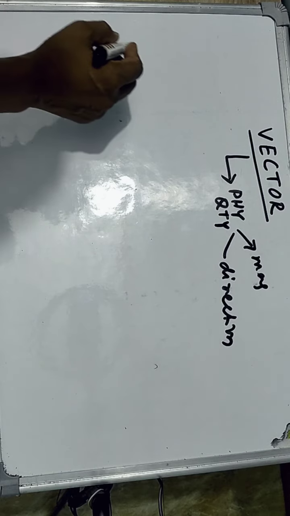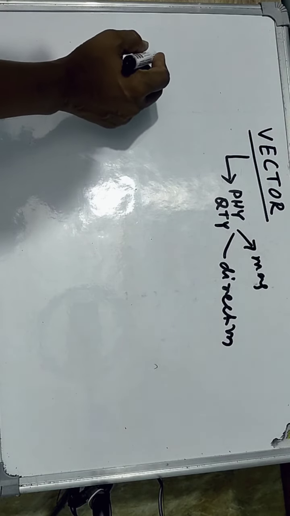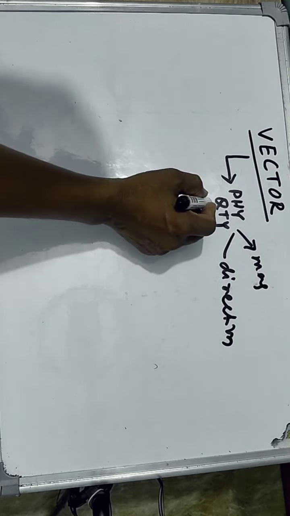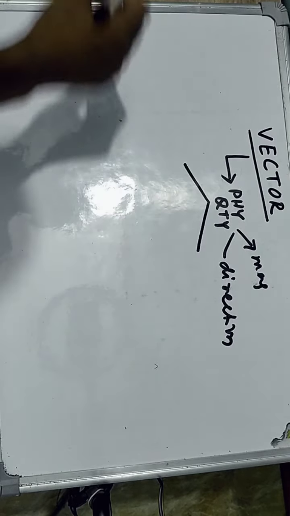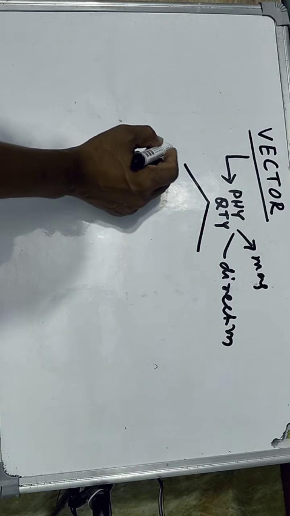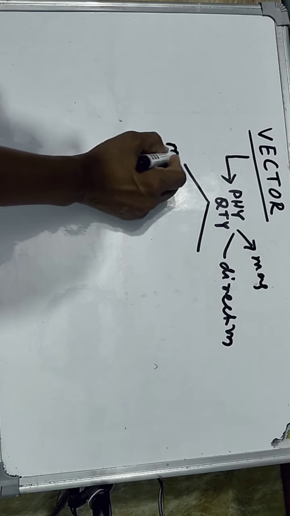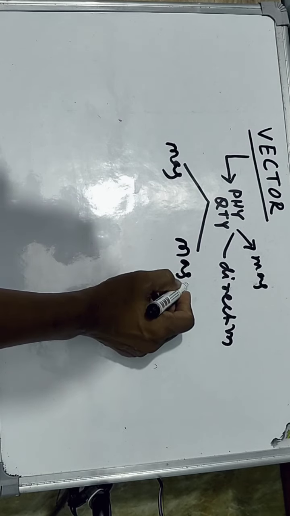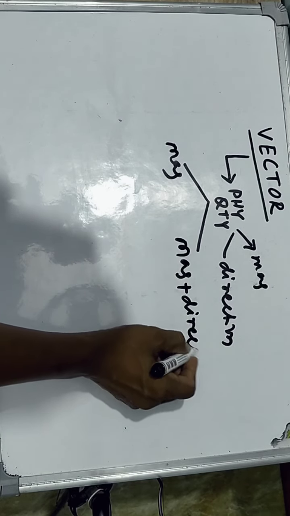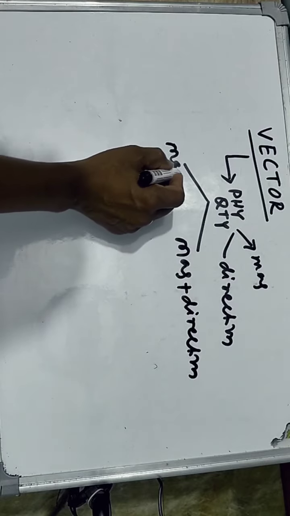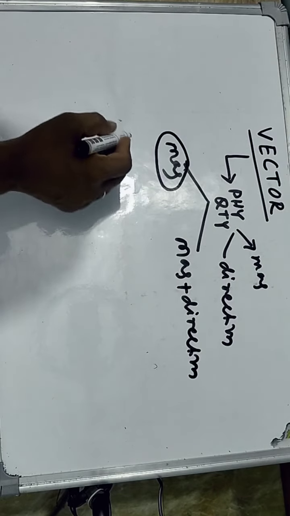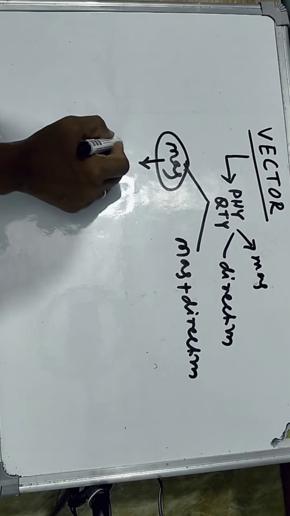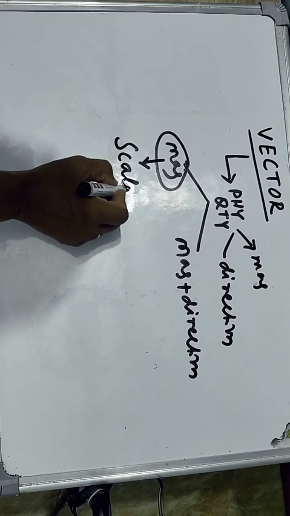All the physical quantities we come across in physics are categorized in two groups. One is quantities having only magnitude, and the other is quantities having both magnitude and direction. If quantities have only magnitude and no direction specified, we say these are scalar quantities.